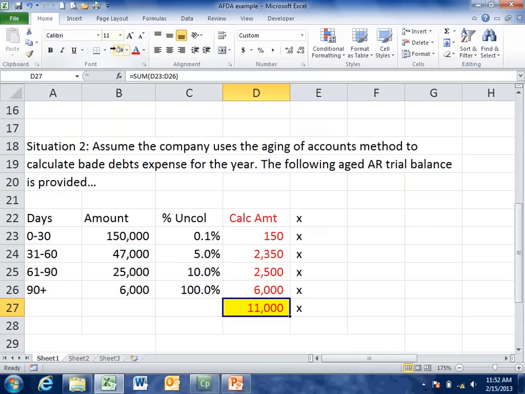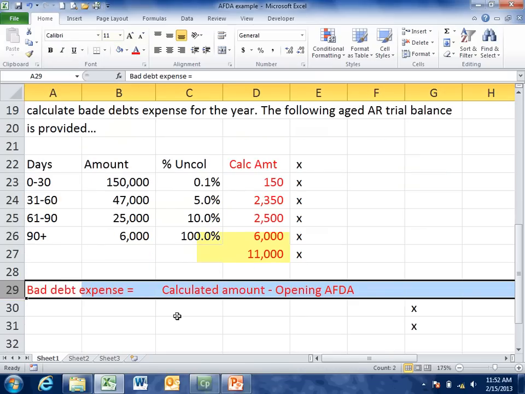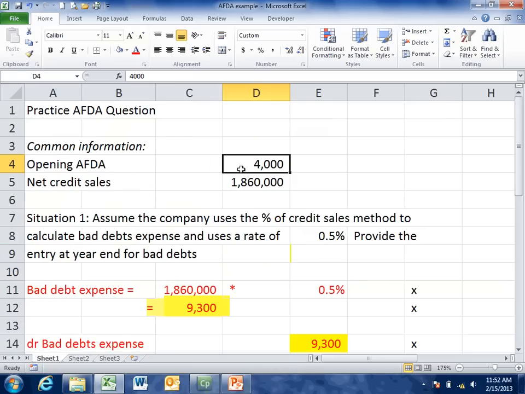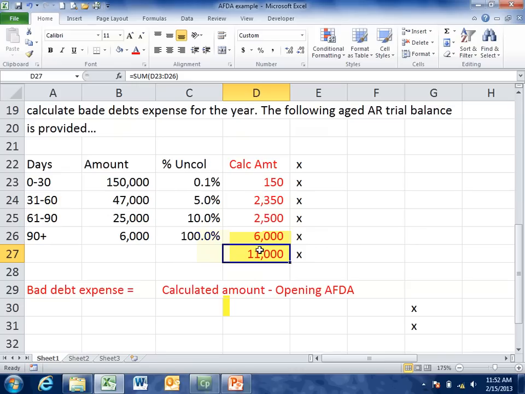So my bad debt expense is a function of the calculated amount, which is $11,000, subtract the opening AFDA, which, if you scroll back up, is $4,000. So we already have $4,000 in the account. We need it to be sitting at $11,000 based on our aged listing.